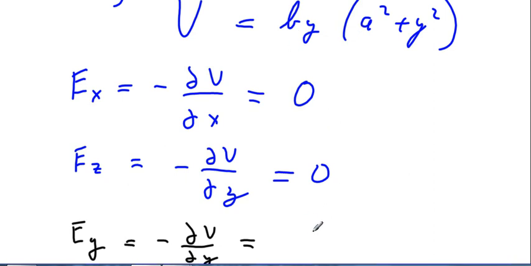So that's going to be BA squared plus 3BY squared.